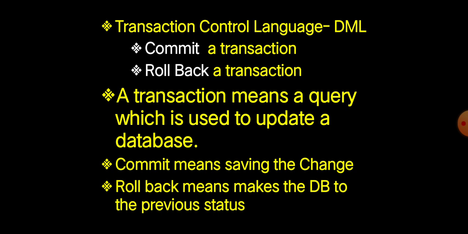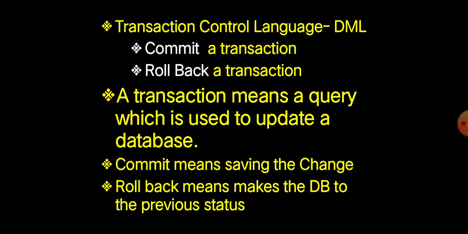What does transaction mean? It is nothing but a query which is used to update a database. Any query you write into a database is considered a transaction. Commit means saving the changes. Rollback means making the database return to the previous status.